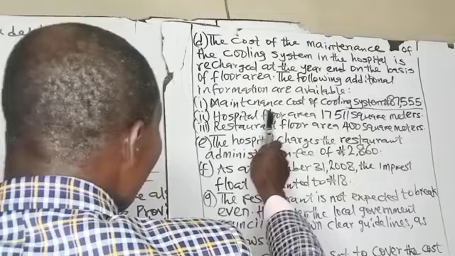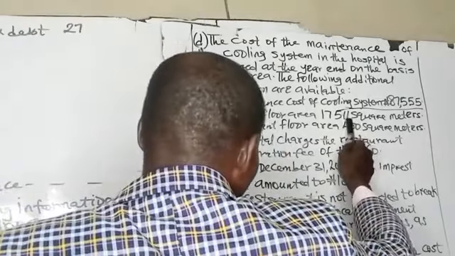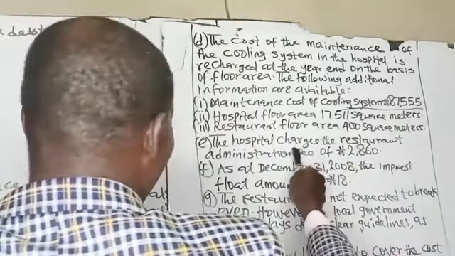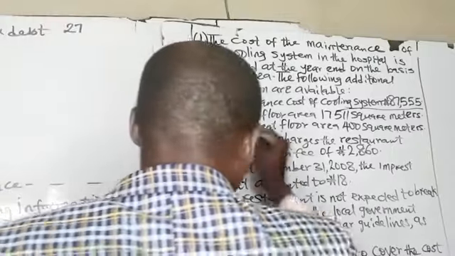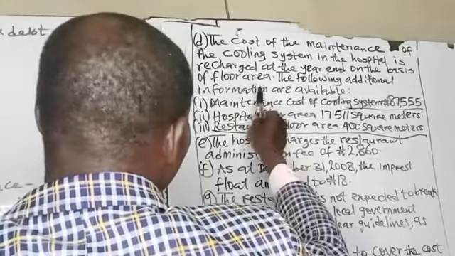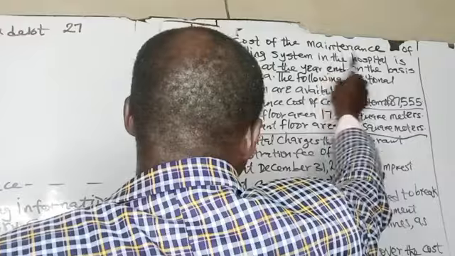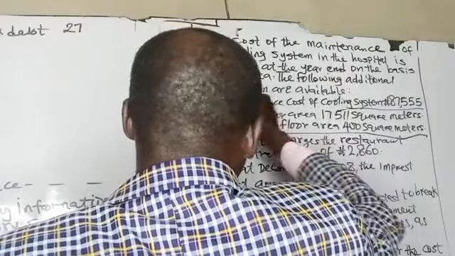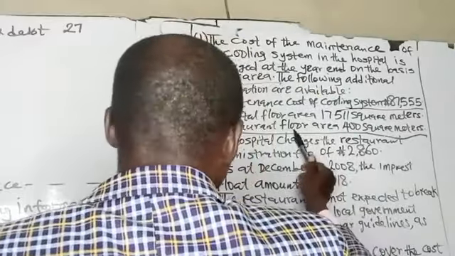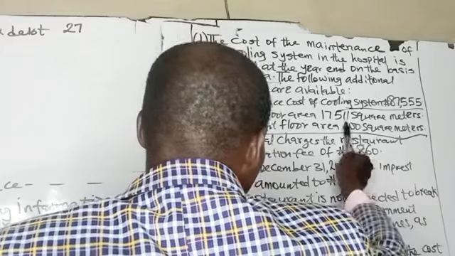We're told hospital floor area is 17,511 square meters. And the restaurant floor area, because our focus is on restaurants, is the one we are concerned with.